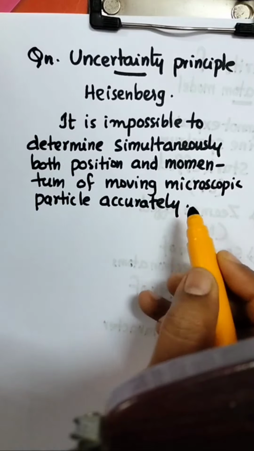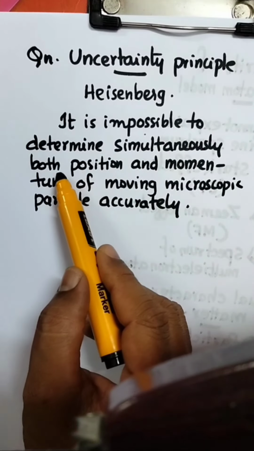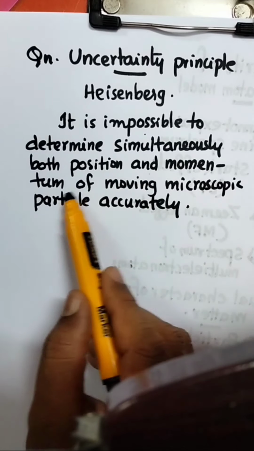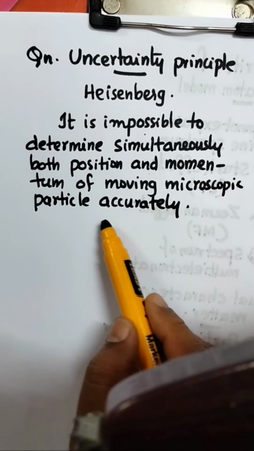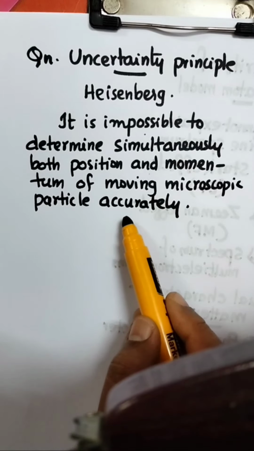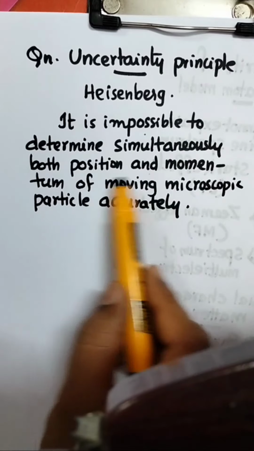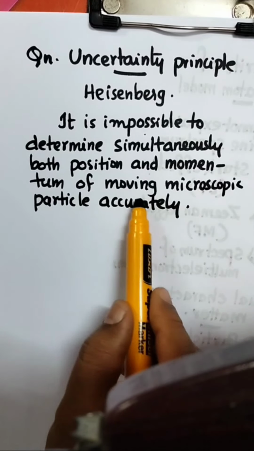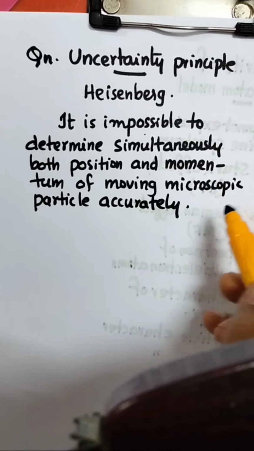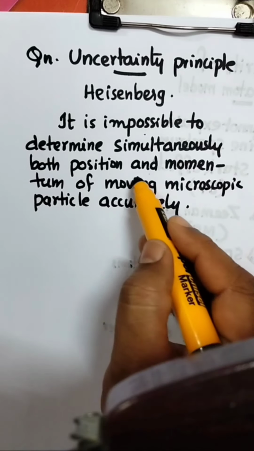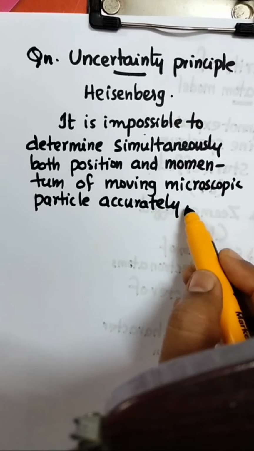This is the uncertainty principle. It is impossible to determine simultaneously both position and momentum of a moving microscopic particle like an electron accurately. A microscopic particle is a very small particle seen only through a microscope, not with the naked eye.